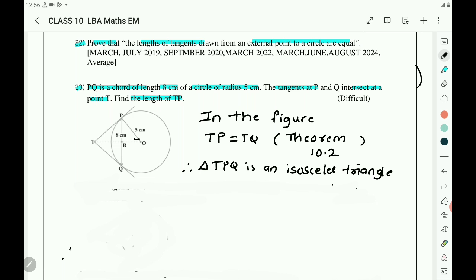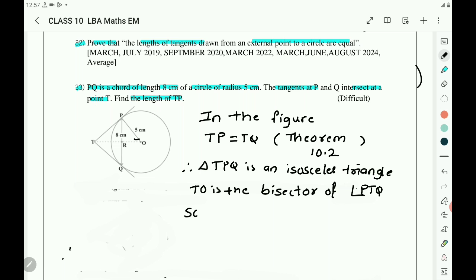TO becomes the angle bisector of angle PTQ. Then you write TO is the angle bisector of angle PTQ.